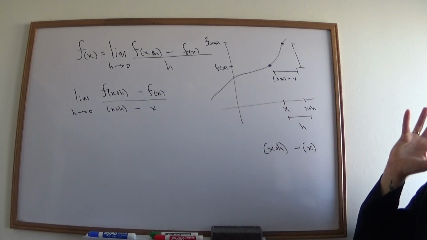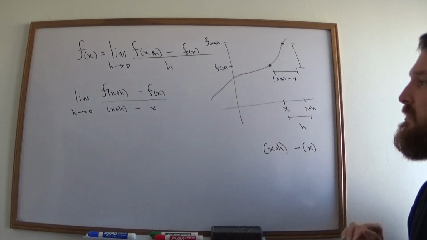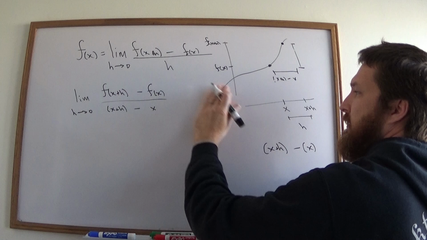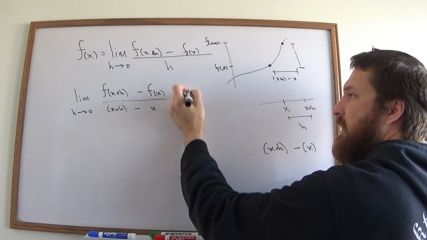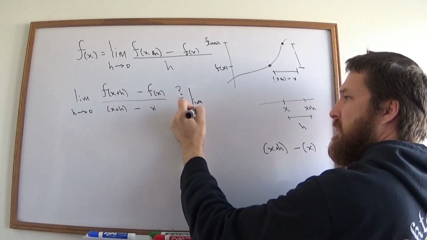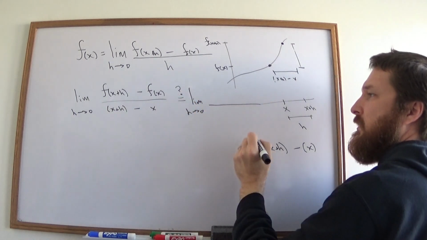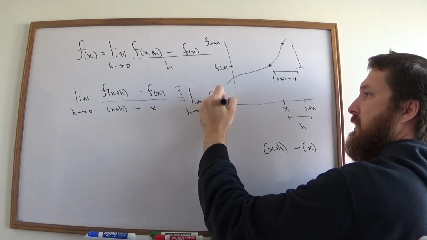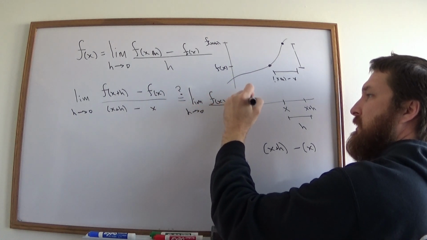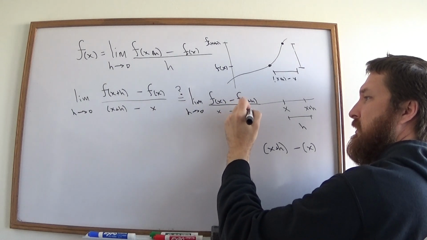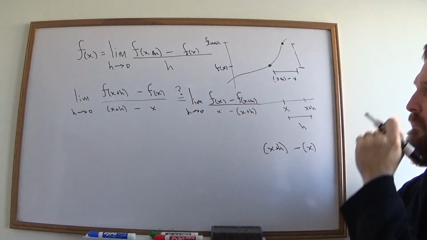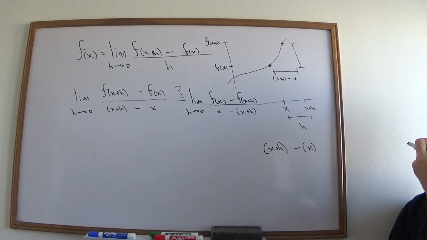Okay. So, here's a question I have for you. Is that the same thing as this: the limit as h goes to 0 of f of x minus f of x plus h, over x minus x plus h? Is that the same limit? Could you just switch them? Yeah.